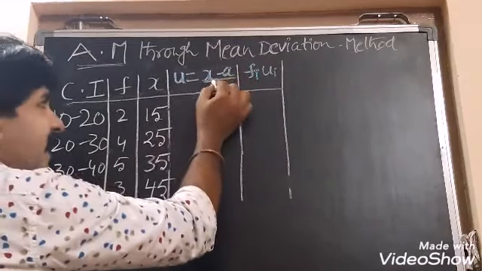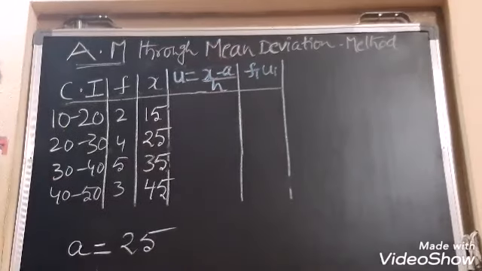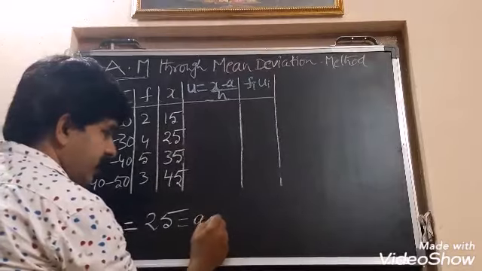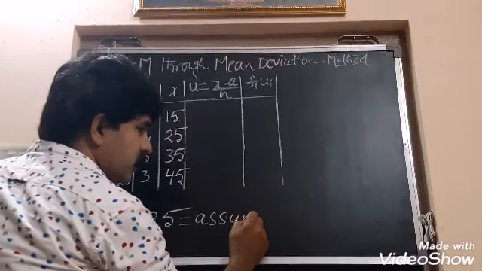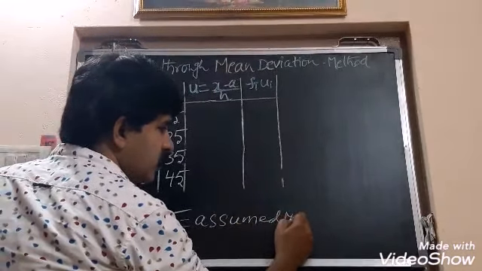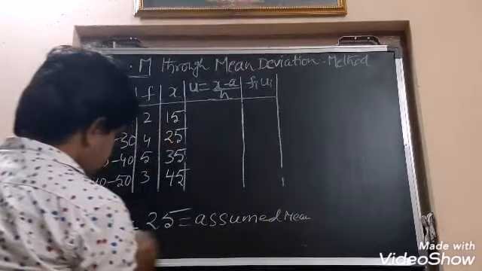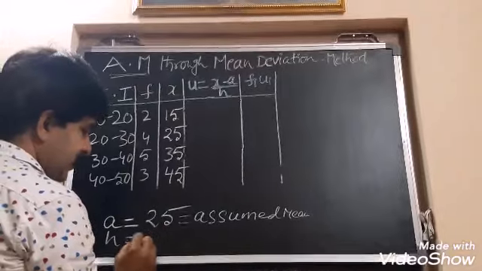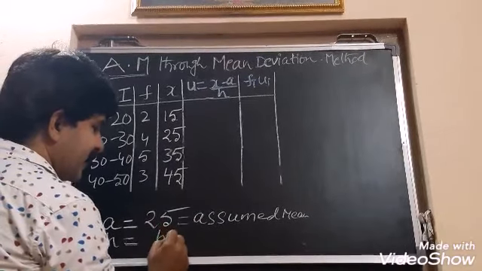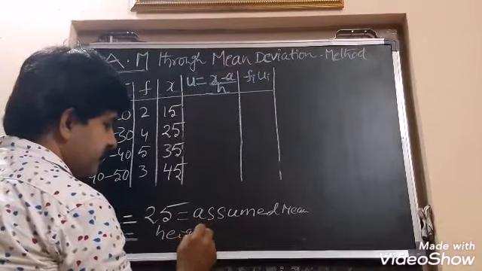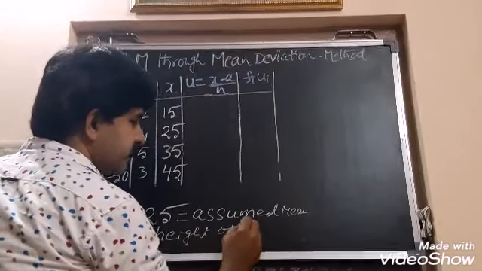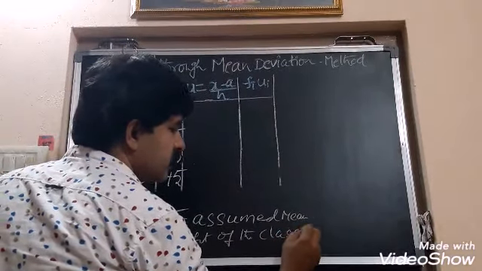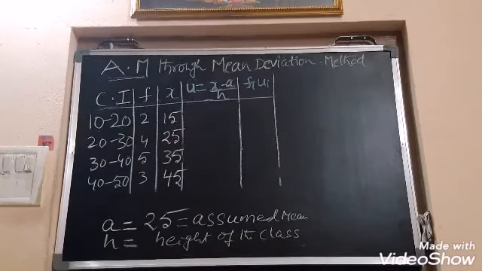Here it is divided by h, where a is the assumed mean and h is the height of the class.